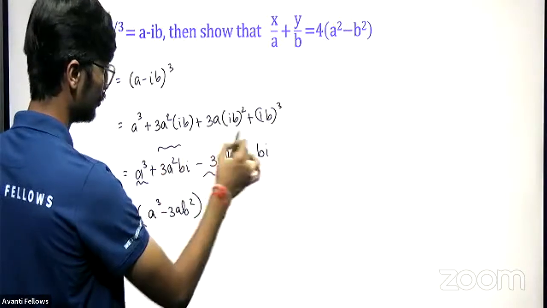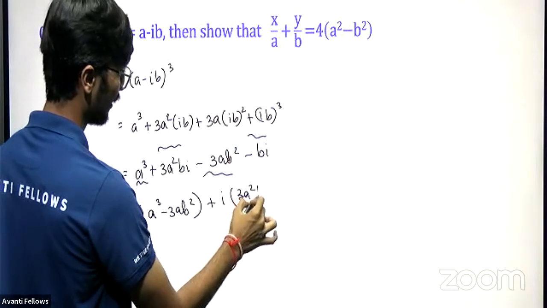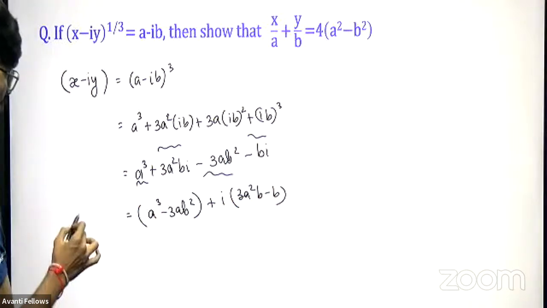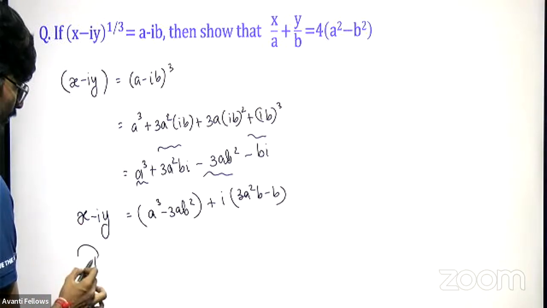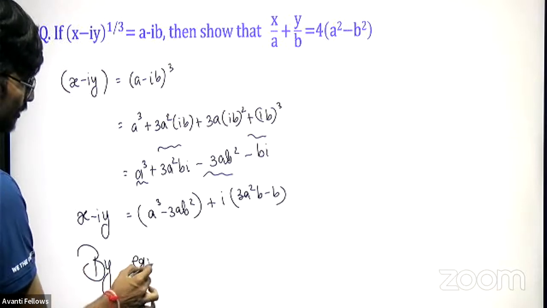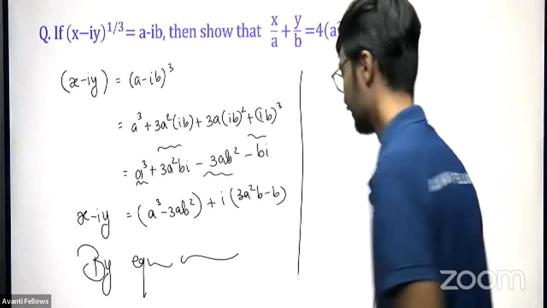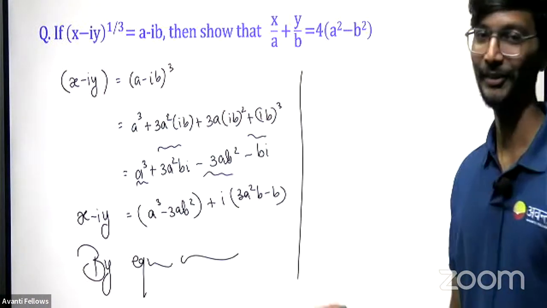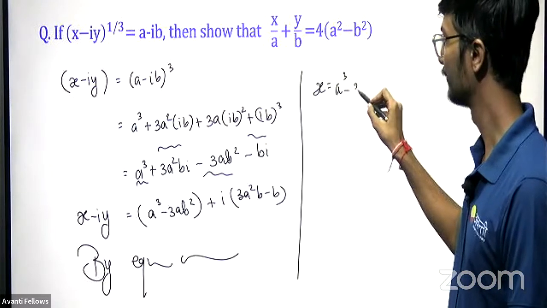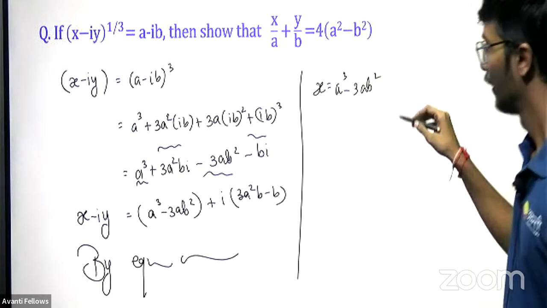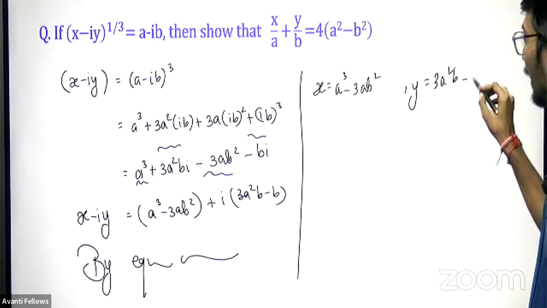So I'll get plus i times 3a square b minus b. And what is this equal to? x minus iy. So by equality of complex numbers, in theory we have to write, I'll get x equals a cube minus 3ab square. And I'll get y equals 3a square b minus b.